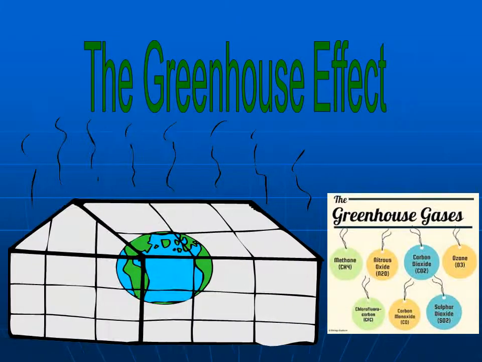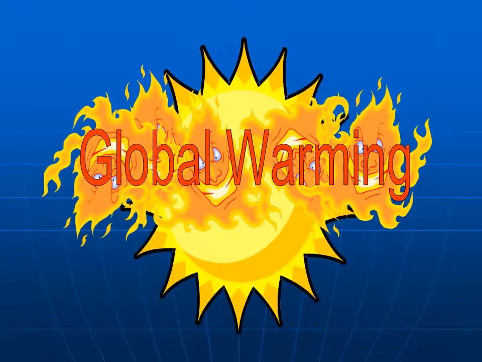The major effect of the air pollutants on the environment is greenhouse effect. This is caused mainly due to greenhouse gases like methane, nitrous oxide, carbon dioxide, ozone, chlorofluorocarbons, carbon monoxide, sulfur dioxide, etc. The greenhouse effect in turn causes global warming.